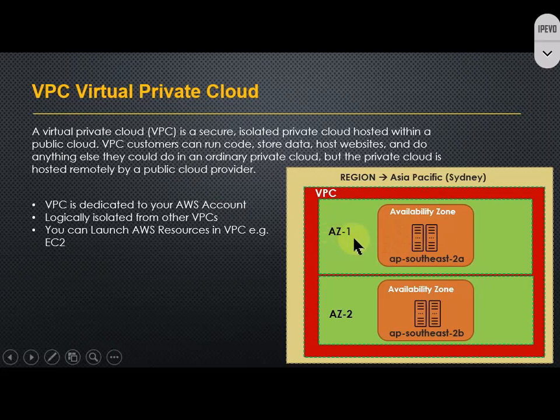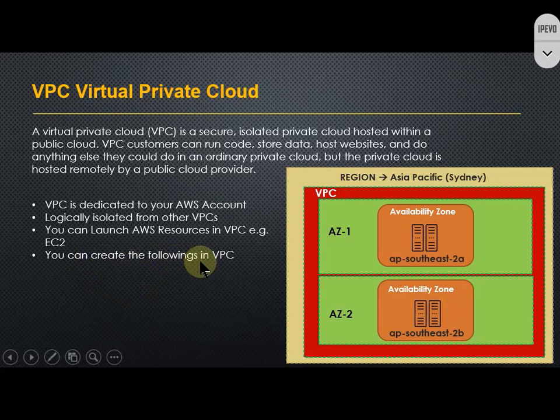As you can see, this is inside the VPC. We have availability zone 1 and availability zone 2, AP Southeast 2A and 2B, and then I can deploy my Linux or Windows server instances inside these availability zones.